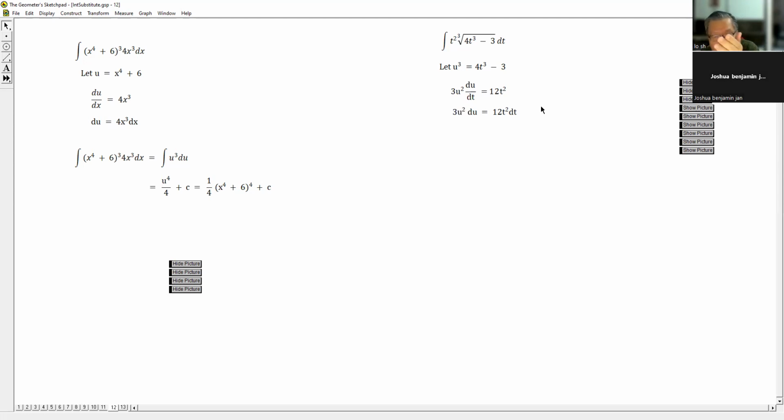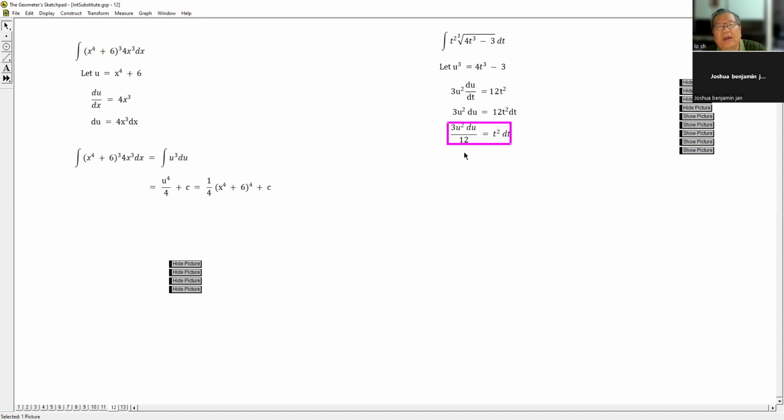So the 12, you have to move to the other side. When you move the 12 to the other side, then you are left with t squared dt. Then the 12 will move over to the other side. So you have 3u squared du over 12.